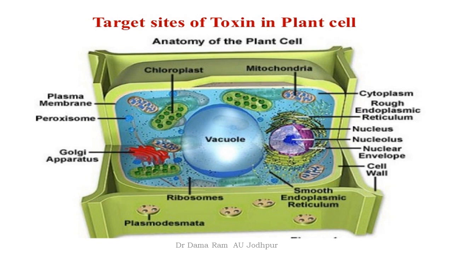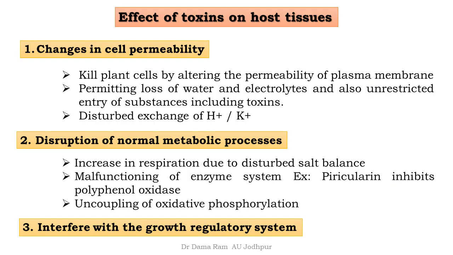These are the plasma membrane, peroxisome, Golgi apparatus, maybe chloroplast, mitochondria, endoplasmic reticulum. It may affect the work of the nucleus, nucleolus, ribosome. These are the target sites where the pathogen attacks or affects plant functioning.